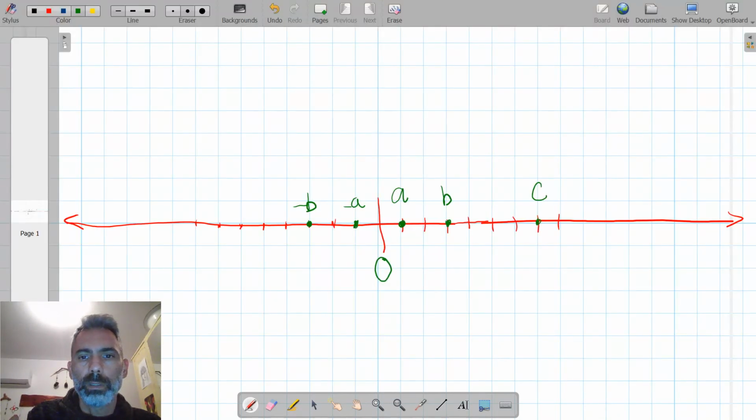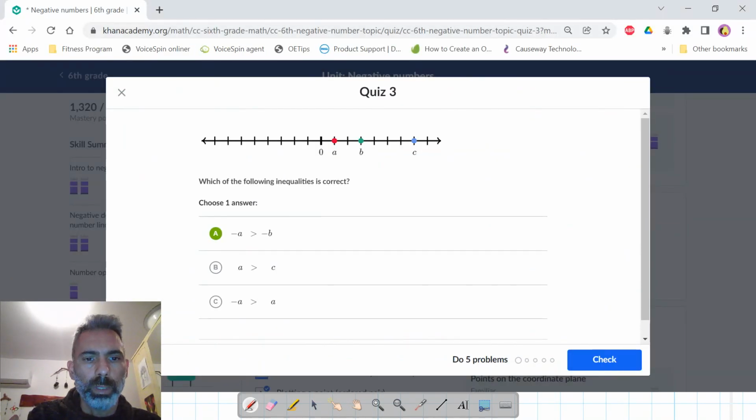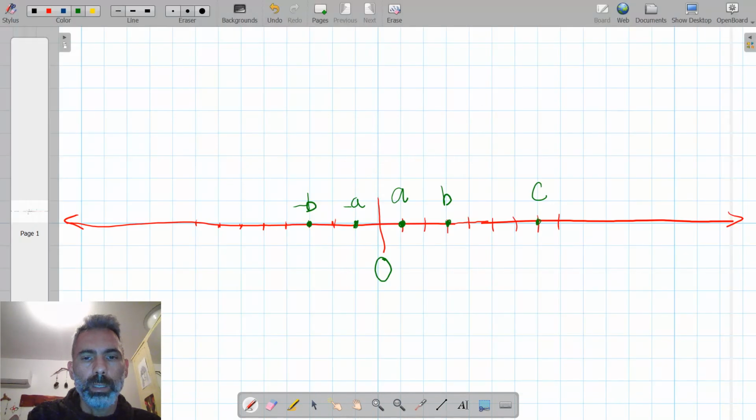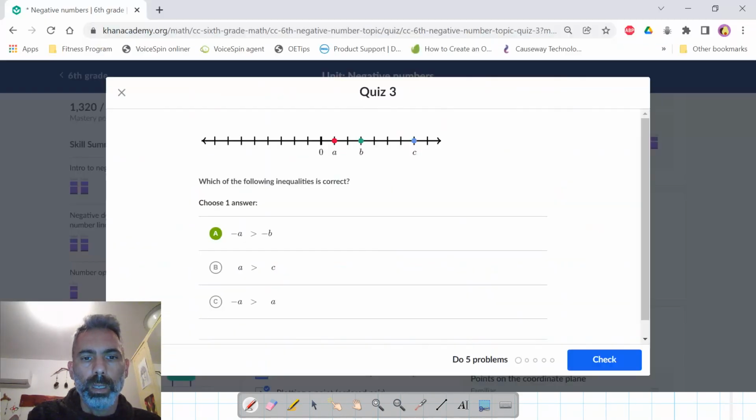A is greater than C. This is obviously not true because A is to the left of C. C is greater than A. So option B is not correct. And negative A, is it greater than A? No, because negative A is to the left of the 0 and A is to the right of the 0.